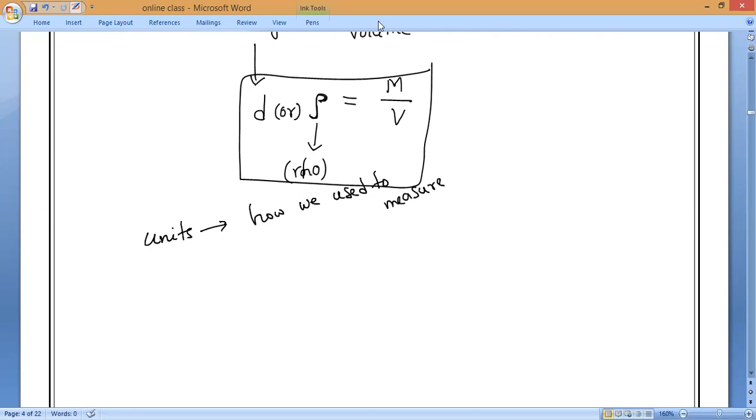If somebody asks for the unit, don't make a mistake. What is the unit of mass? Please open your mouth and tell me. Kilogram. Basically, we can say kilograms as well as grams.